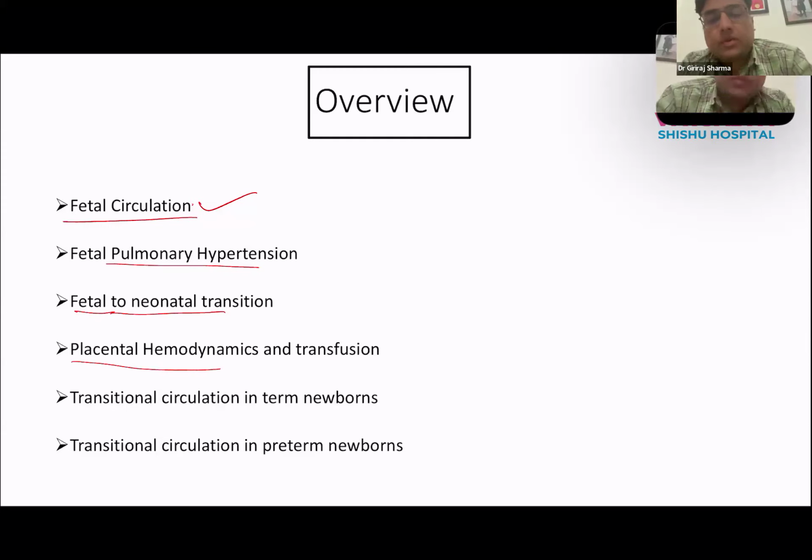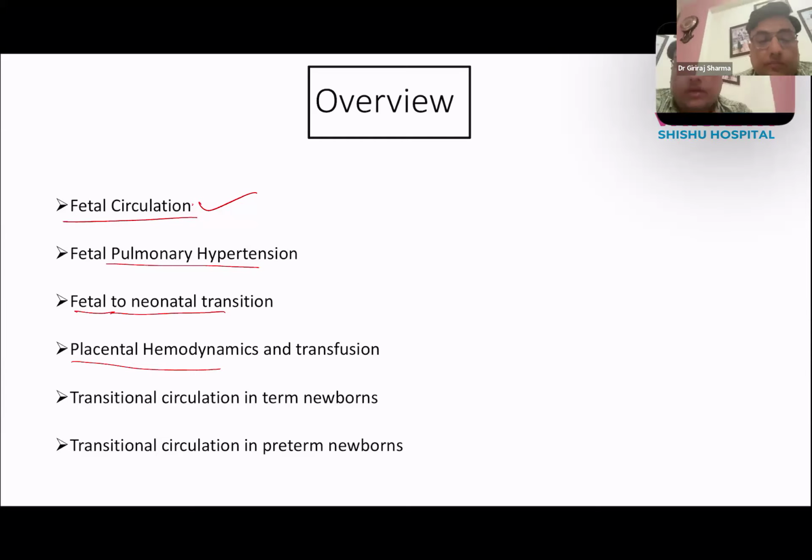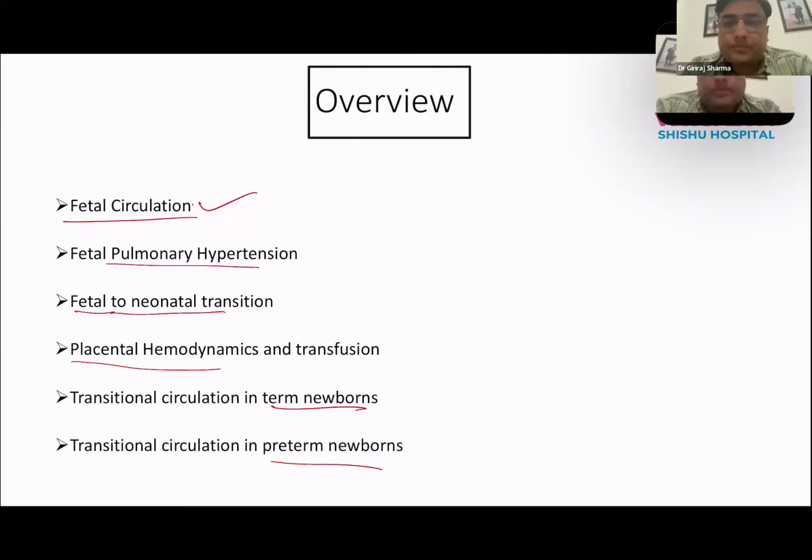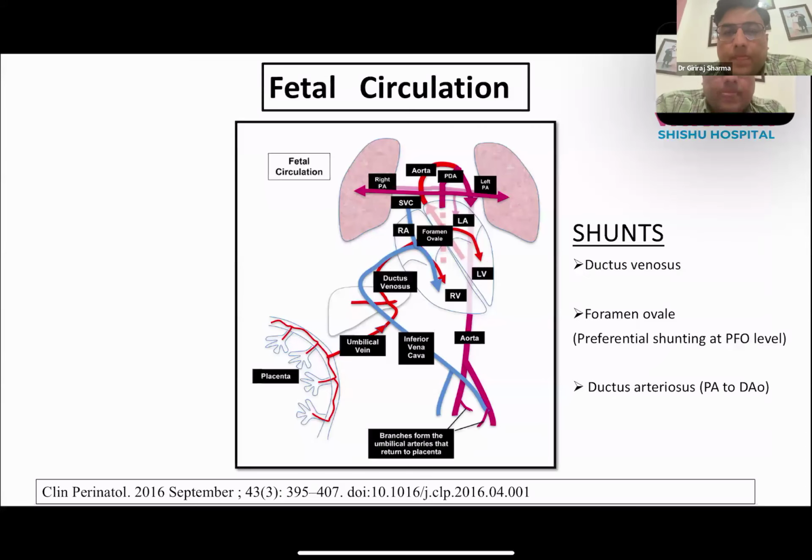About placental hemodynamics and placental transfusion. In this, we'll discuss what is the logic behind delayed cord clamping, and transition in term newborns and transition circulation in preterm newborns.